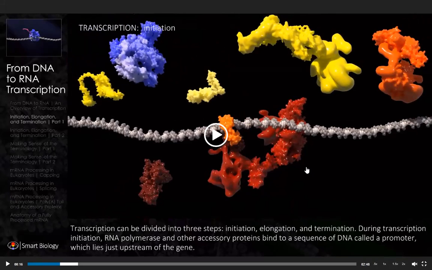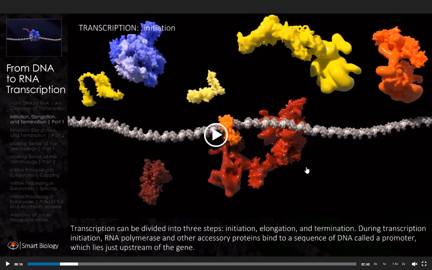So the promoter region is located on the DNA, okay? Now what will happen is RNA polymerase, with the help of many other proteins that we will look at in detail today, is going to come and bind to this promoter in order to recognize where the gene starts.